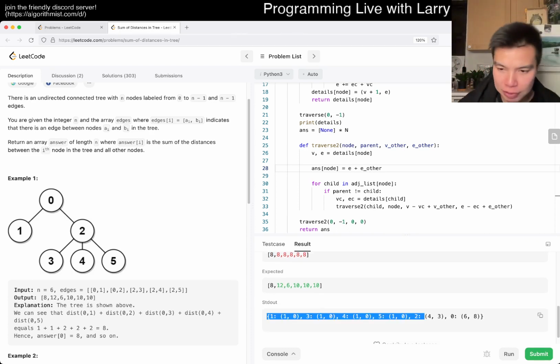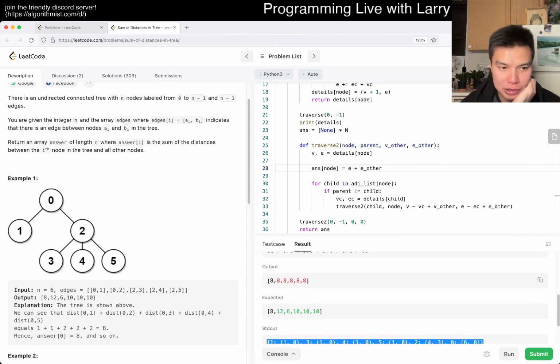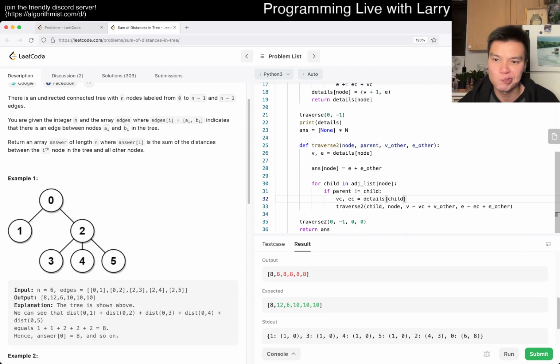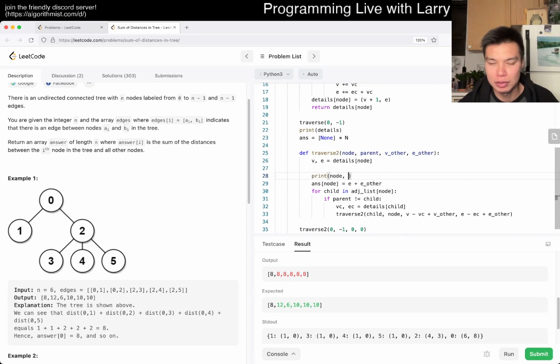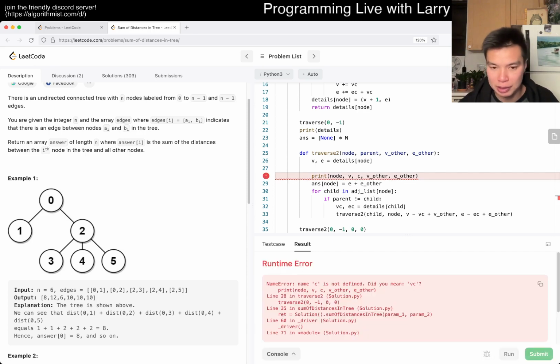And this detail stuff still is correct, but now we have to kind of do some math. So we put in node v other e other, and maybe we see something like that. I feel like maybe I'm just double counting something, or in this case undercounting something, because our numbers are smaller.